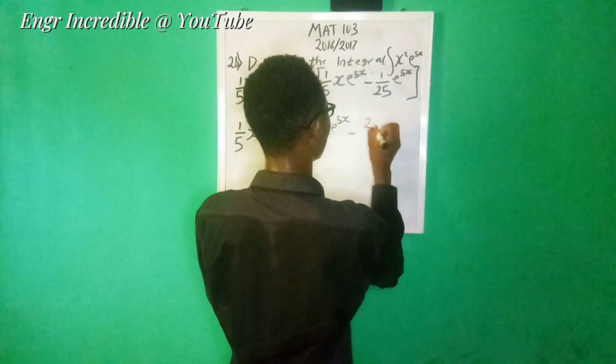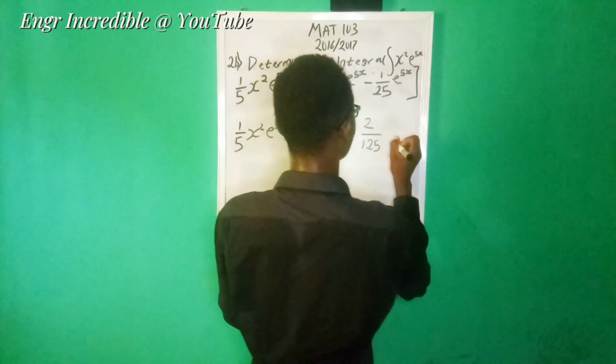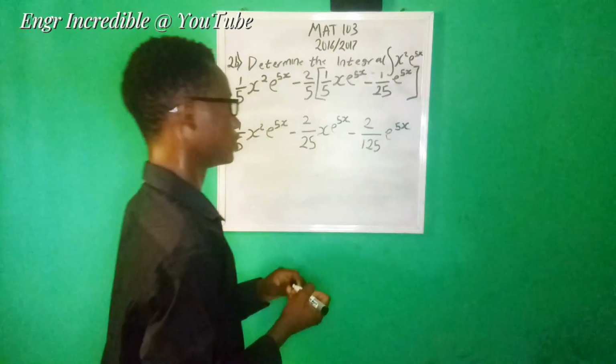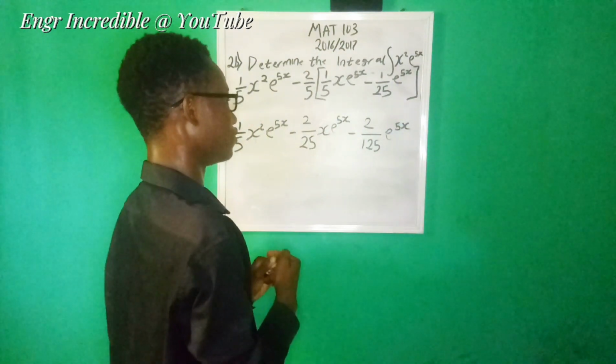So that is 2 over 125 times e raised to power 5x. And this is our answer for the 2B.